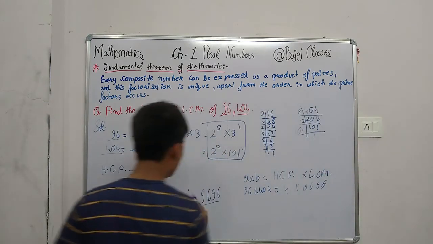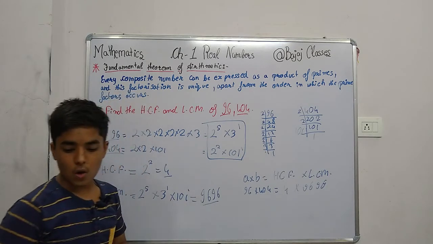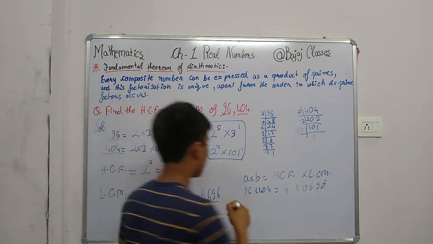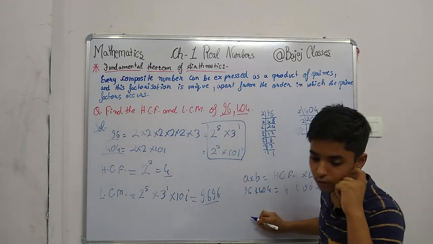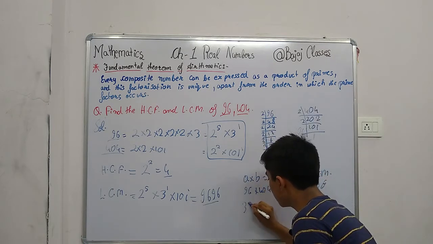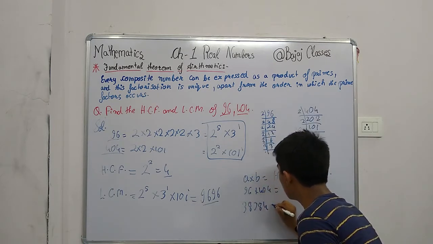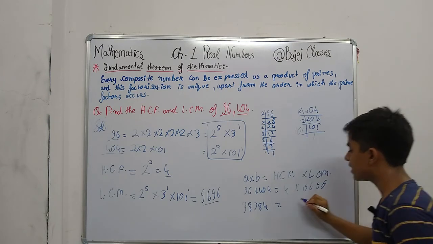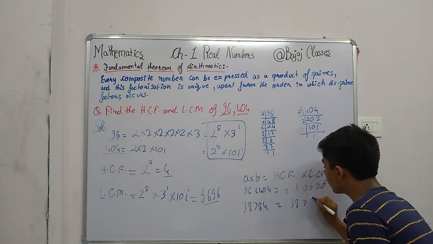Now 4 into 9696. What will be our answer? 96 into 404 is 38784, and 4 into 9696 is also 38784.